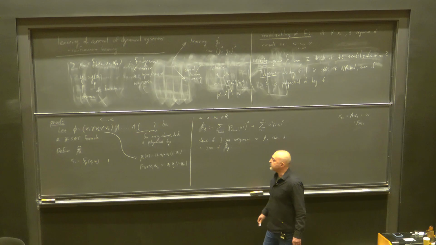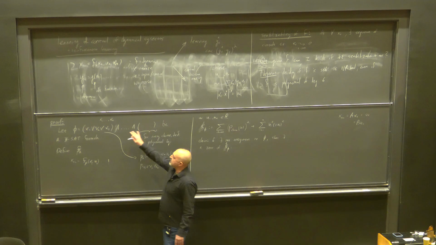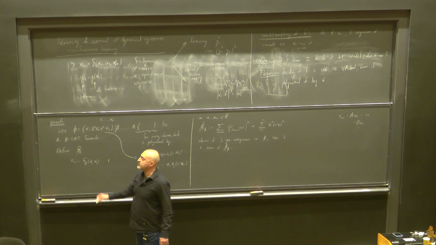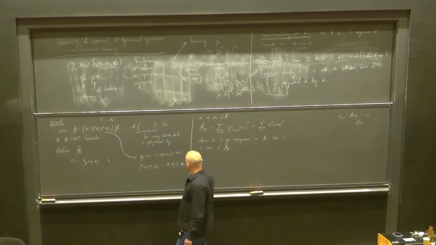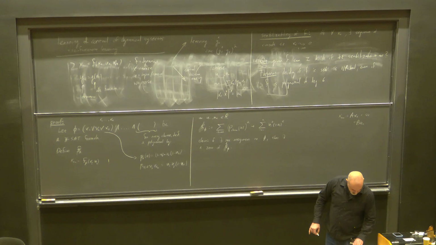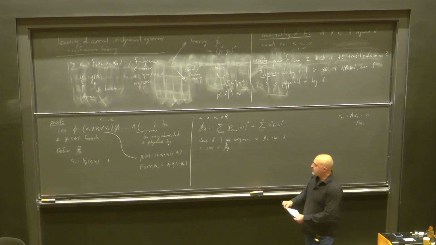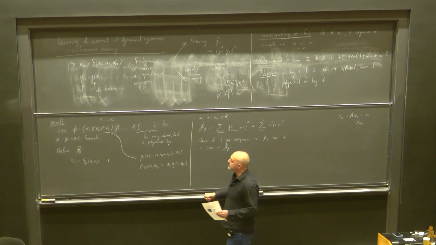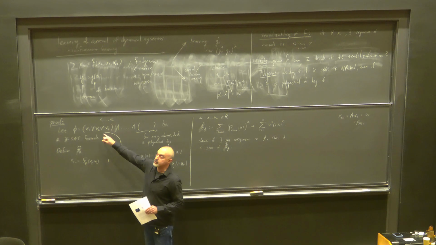So let's see that. Suppose there is an assignment that makes all of this true. So I want at least one variable here to be true. That's what I want.